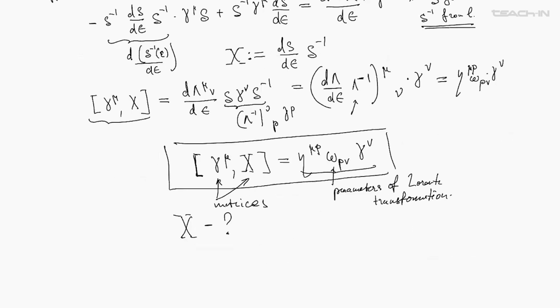What we are solving for is a matrix S, which sits in the definition of this element x, S dS over d epsilon S minus 1. And so we are looking for a matrix S which relates the wave function in the Dirac equation in the transformed Lorentz frame with the Dirac wave function in the original frame. And so this is what we are looking for.